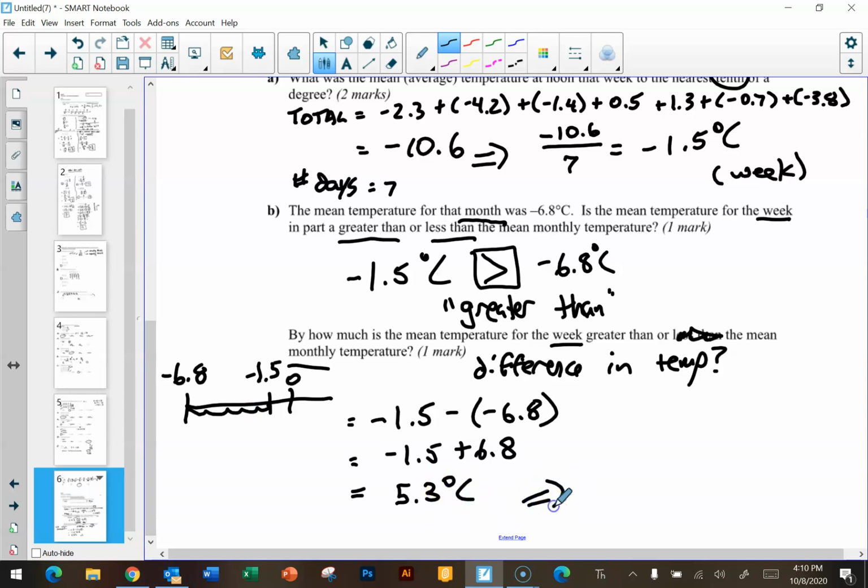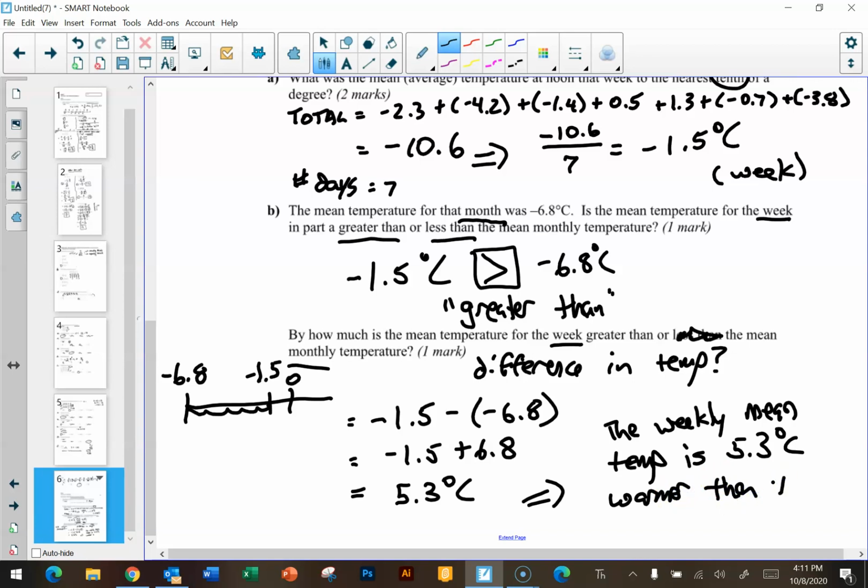So what does this mean at the end of the day as far as a sentence? The weekly mean temp is 5.3 degrees Celsius warmer than the monthly mean temp.